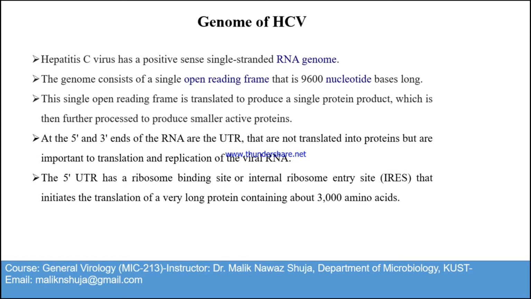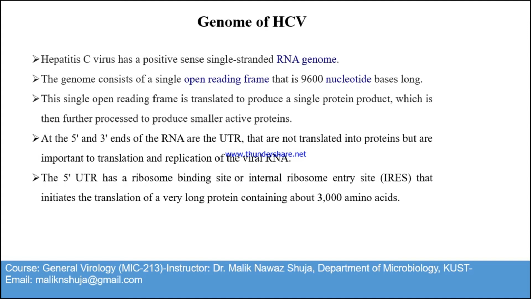At the 5 prime and the 3 prime ends of the RNA are the UTRs, or untranslated non-coding regions, that are not translated into any proteins. Still, no one can neglect the importance of these structures, because they play a vital role in translation and replication of the viral RNA.